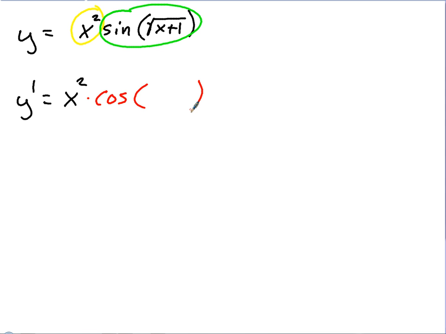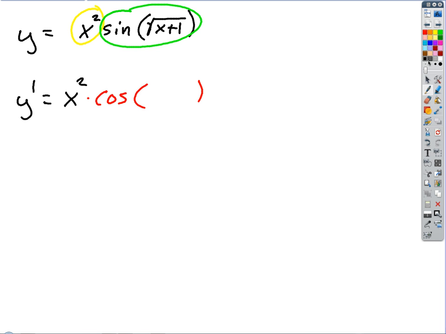Okay, and then if I look at hand, what is hand? So I've got an x plus 1 to the 1/2, and I probably should even write it that way. In fact, I'm going to do that just so there's no confusion here.